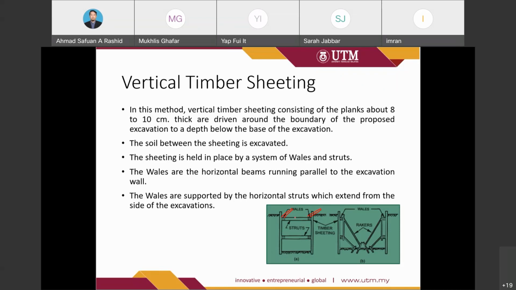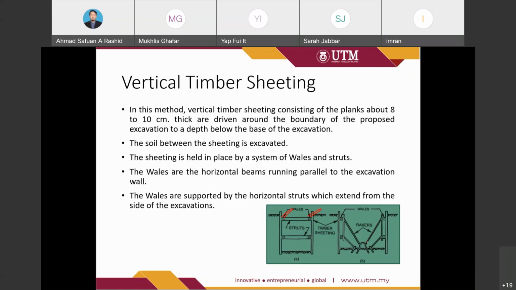So A is an example of the use of wale and strut, while B is another example where we want to have a very large width.